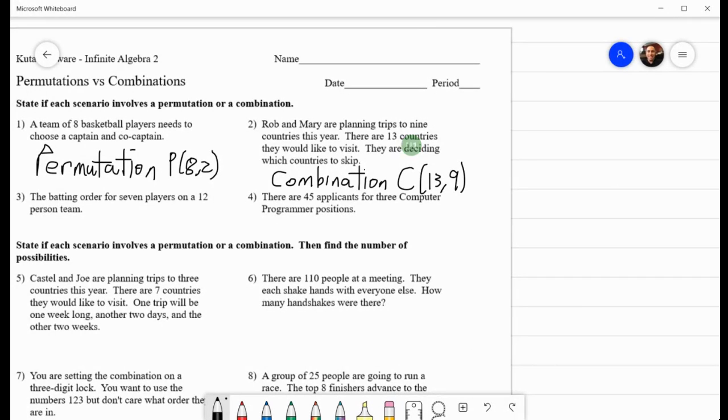Now I did calculate that. Let me see what I got. For some reason I did 13, 4. Well, let me do it right now. I think it's the same. If I calculated it correctly, it's 715. Let me check.